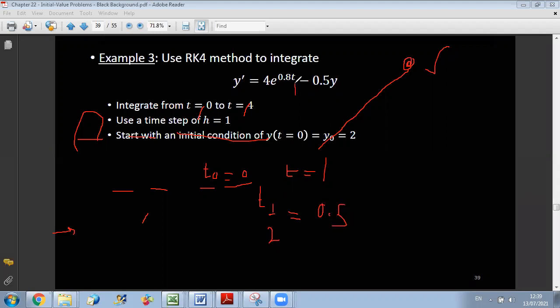So here I will evaluate y prime half, which is now K2. I should put 0.5 instead of t, and I should put instead of y half the value I already calculated from the previous step.